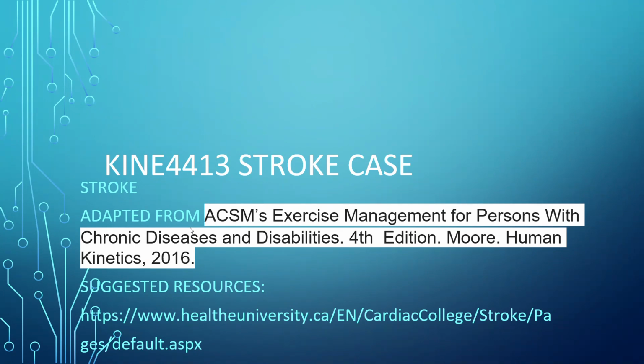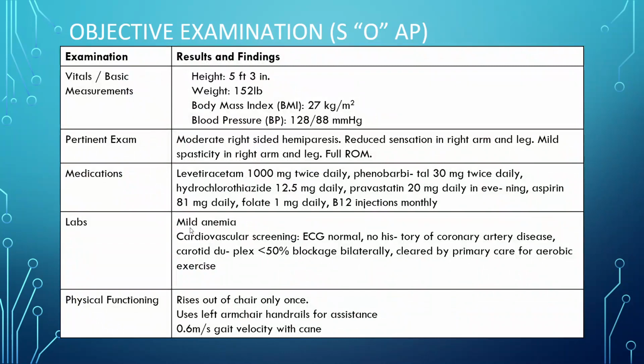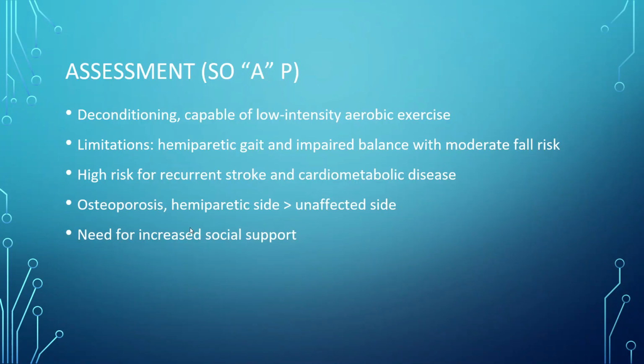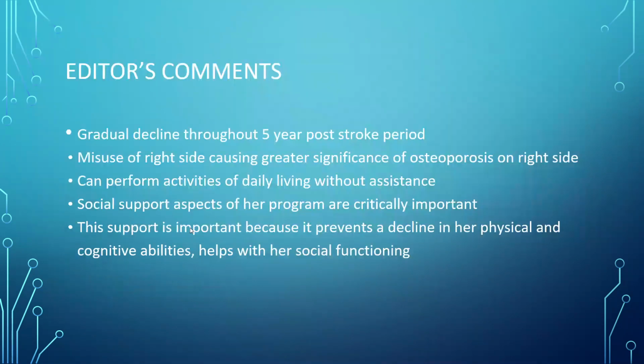The individual who had suffered a stroke is now undergoing a rehabilitation program. And once again, you will have the subjective examination, you will have the objective examination, the assessment, and the plan, which includes a list of goals and activities that the individual can participate in.